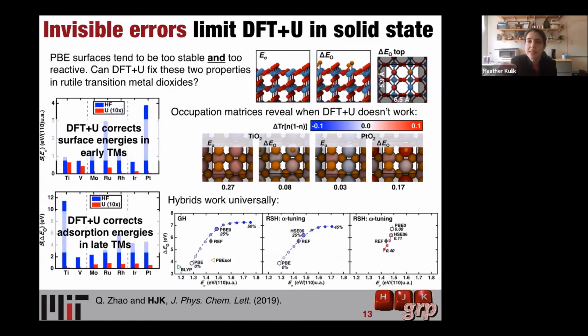So you want to see this greater fractional occupation on the sites that you intend to penalize. When the occupation matrix can't see that, which is the case, for instance, in this titanium problem for the adsorption energy, or this platinum problem for the surface energy, then DFT+U has no effect.